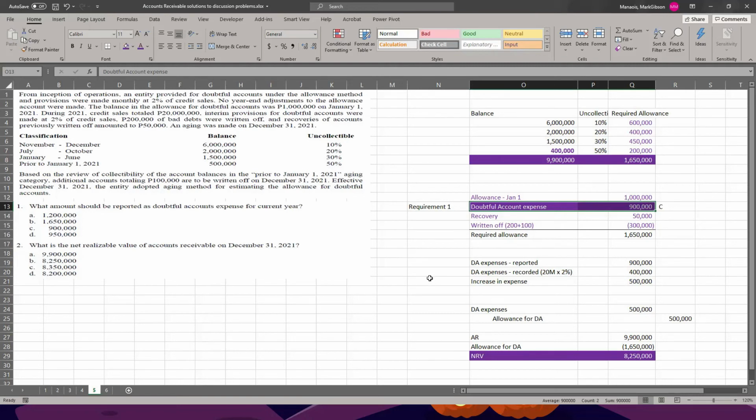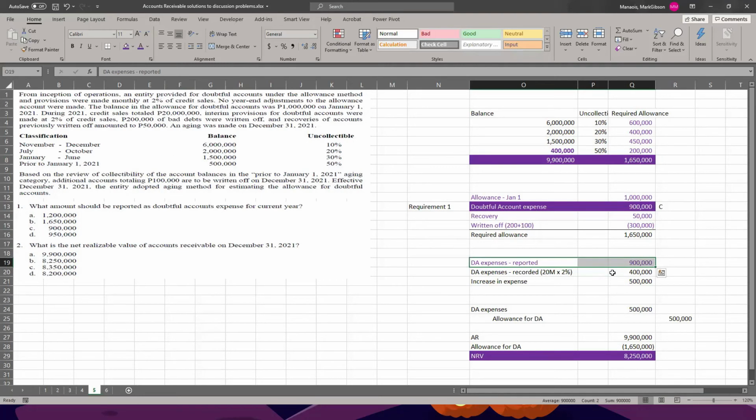Now, let's go to requirement number 2. What is the net realizable value? First, how much is the doubtful account expense as reported? That's 900,000, which we computed in requirement number 1. But as recorded, remember, that's 20 million multiplied by 2%.